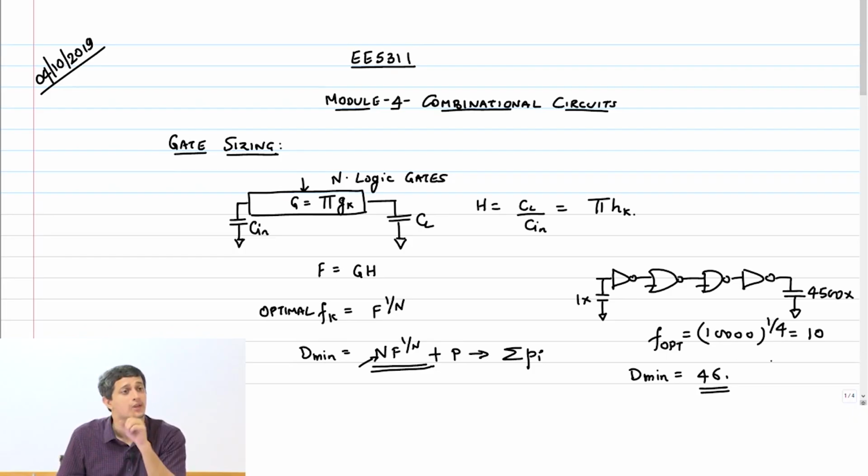Remember that the minimum delay that you get after inserting buffers should be less than this. Otherwise, it's a useless exercise. Without buffering, we got a delay of 46. Now you tell me how many buffers you have to add and what the minimum delay is because of buffering. That has to be less than 46. Clear? So can you solve that?